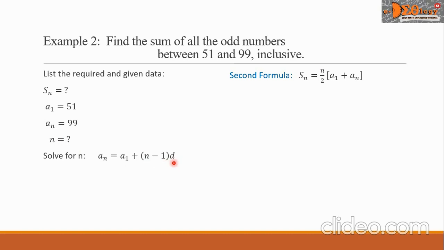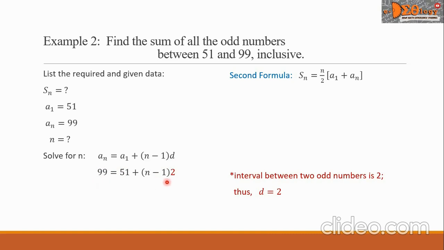Let us substitute the values. The 99 is the last term, so we will put here 99 equals a sub 1 is the first term, that is 51, plus the quantity n minus 1, and d is 2. Remember, the interval between odd numbers is 2. So that is the common difference.